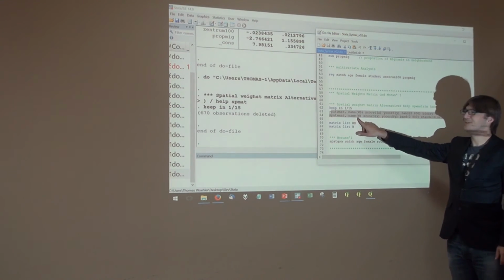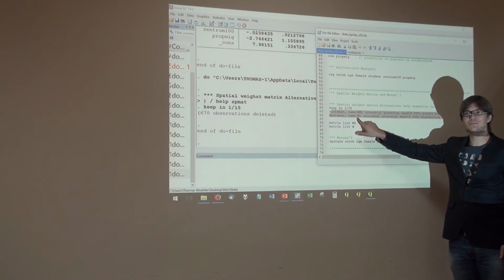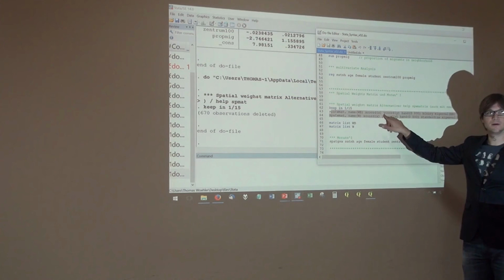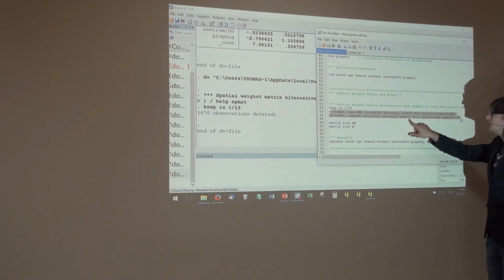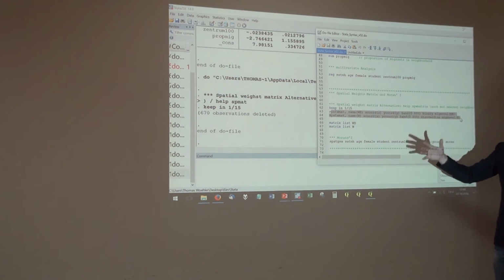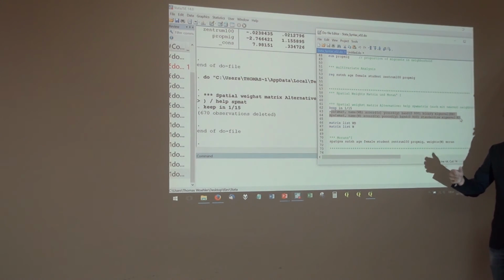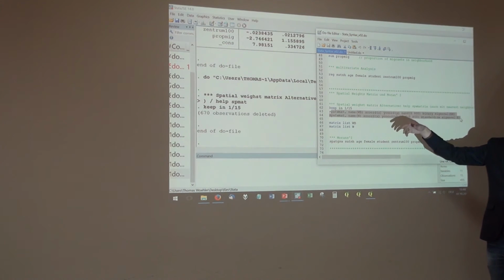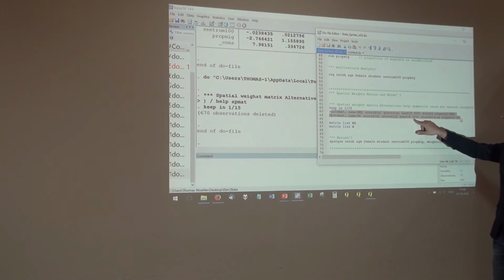You have to tell it what name the matrix shall have, what the coordinates are, the x and y coordinate, and in what kind of surrounding the program shall look. So this is 800 meters, because it gets zeros for more distant observations.